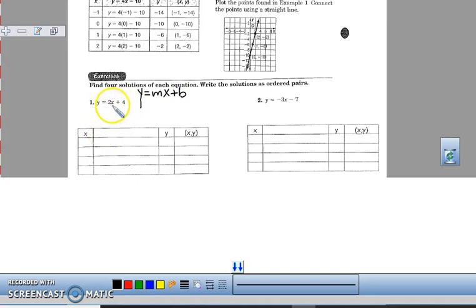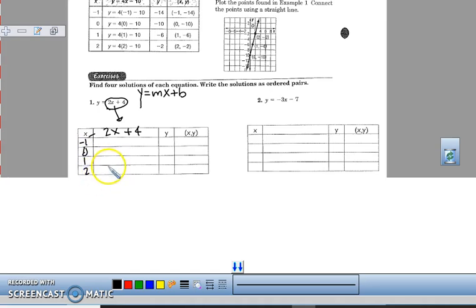So what we do is we take this part of the equation and we bring it down here. So we've got 2x plus 4. All right. And I'm going to tell you what numbers. If there's no graph, we're going to use -1, 0, that's a 0, 1, and 2.